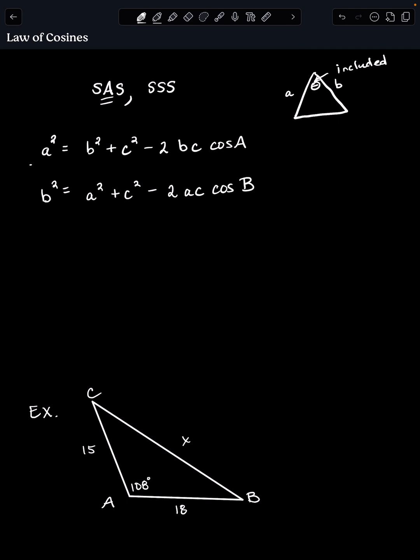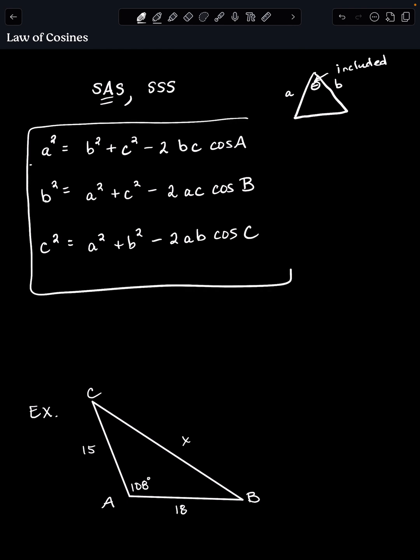All right, c squared would be a squared plus b squared minus 2ab cosine C. All right, so this is the law of cosines. Depending on what you need to find is which one you use. All right, so let's look at some examples of this.